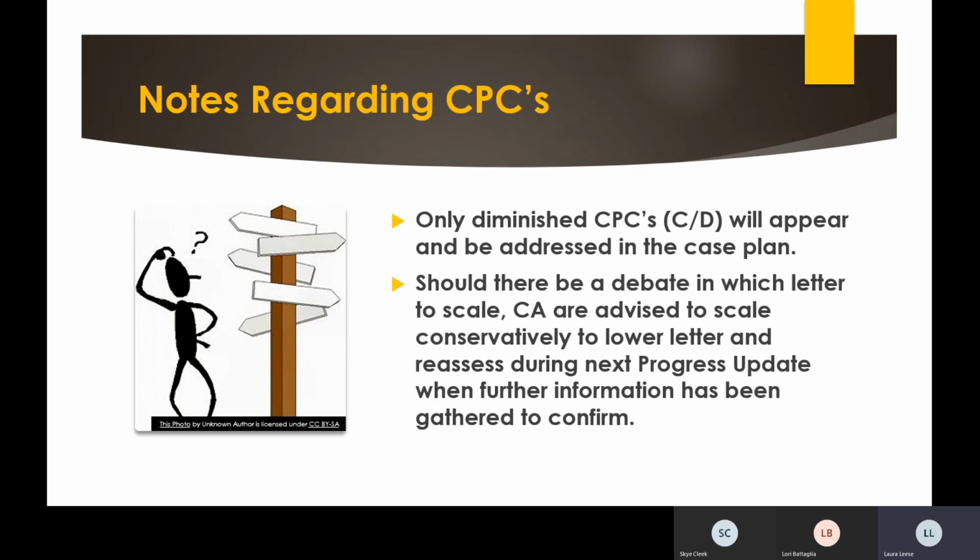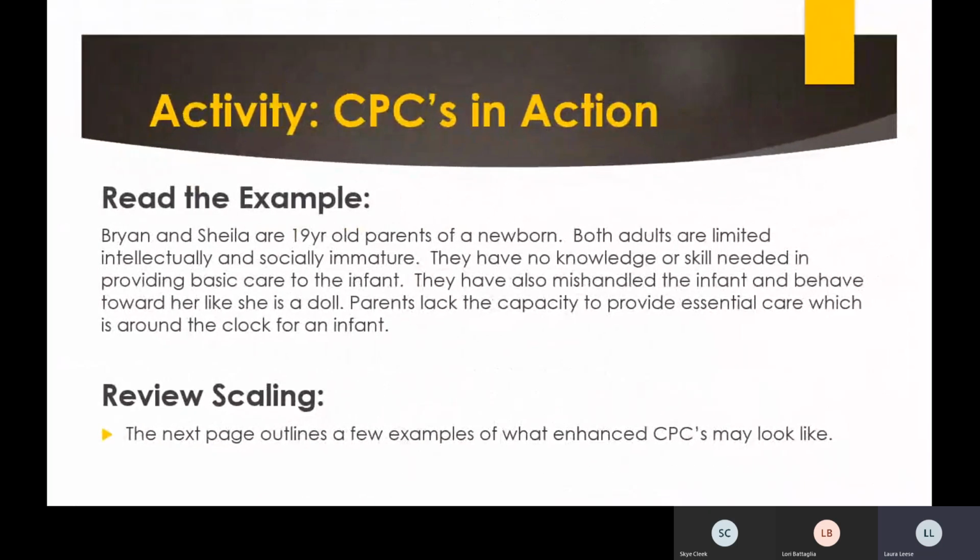So again, with the very high level training and information that you just received, if we were to put that in action with this very broad example, I'm hoping that you will see just in general what enhanced capacities might look like.